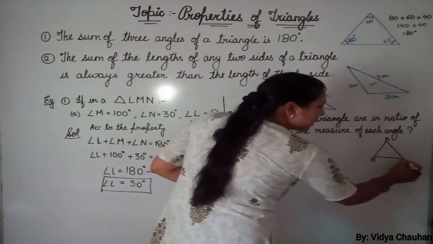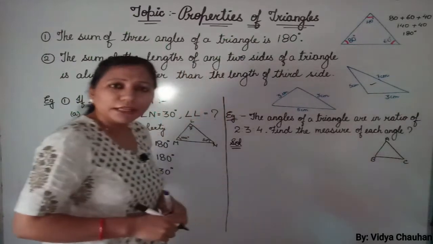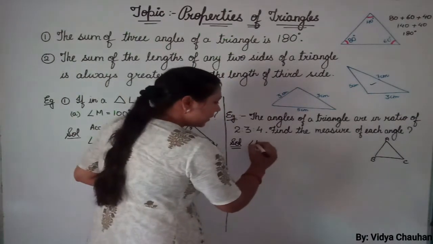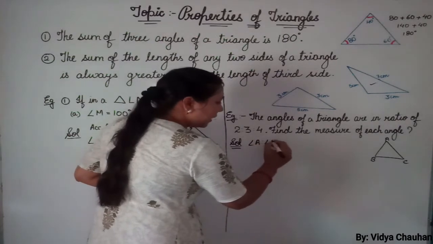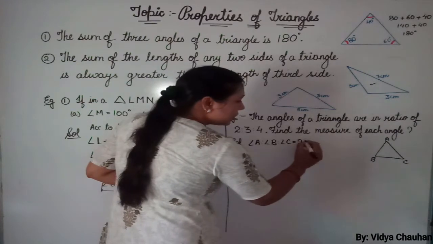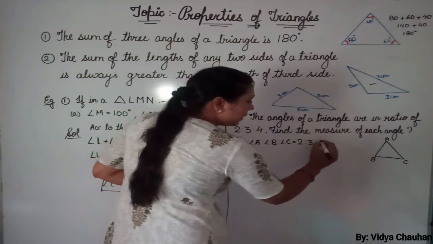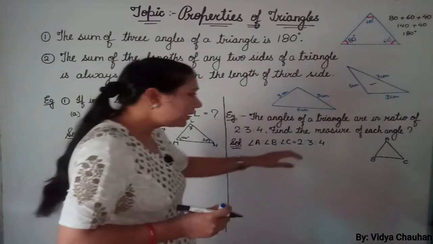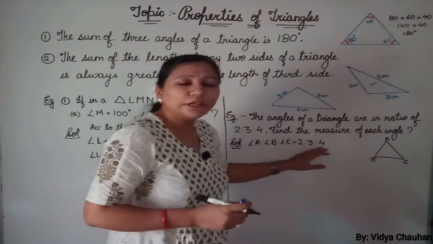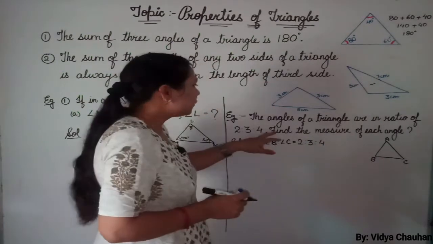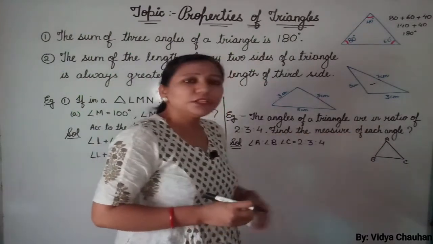So suppose my triangle is triangle ABC, and the angles are actually in the ratio. That means angle A : angle B : angle C is actually 2:3:4. This is not the exact degree. It is not 2 degree or 3 degree or 4 degree. It is actually a ratio, a comparison. So find the measure of each angle.